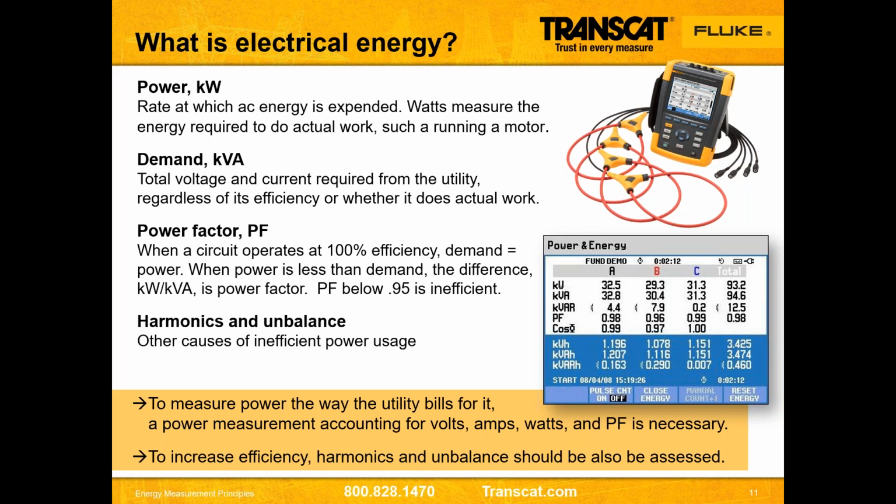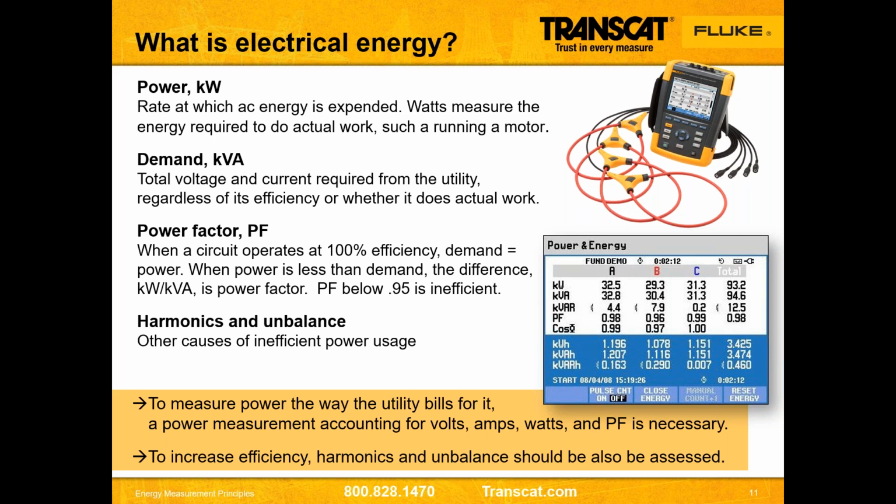Power factor is really an efficiency piece. And for those who have recently shopped for an appliance like a washer or a dryer or a refrigerator, you'll notice this EER rating tag hanging on there from the Department of Energy. Well, that is actual power factor. Power factor is efficiency.